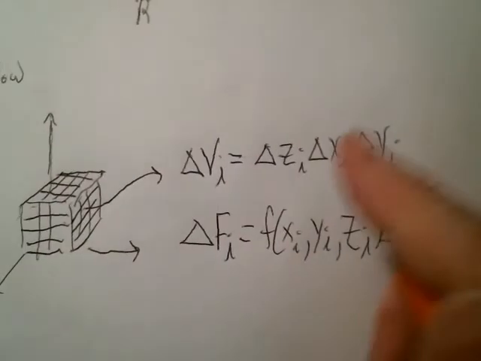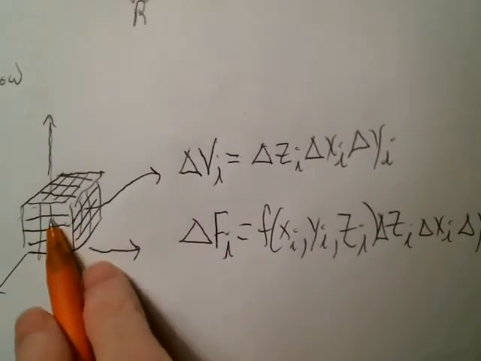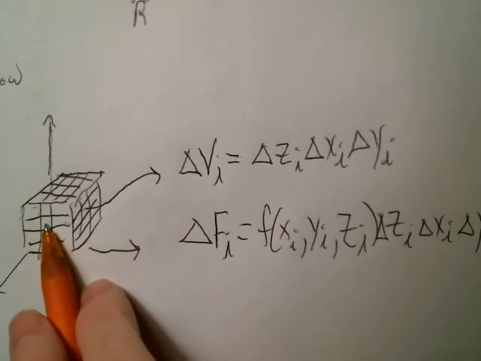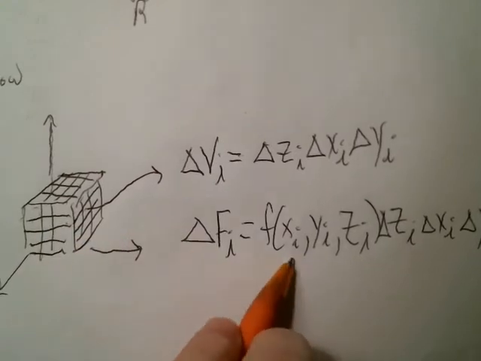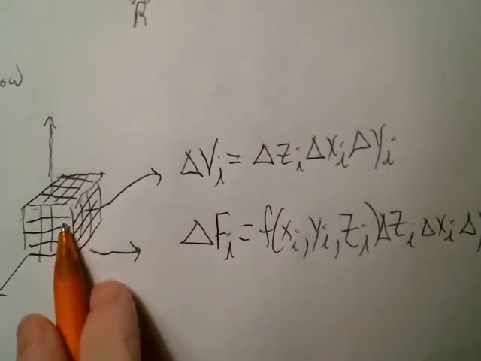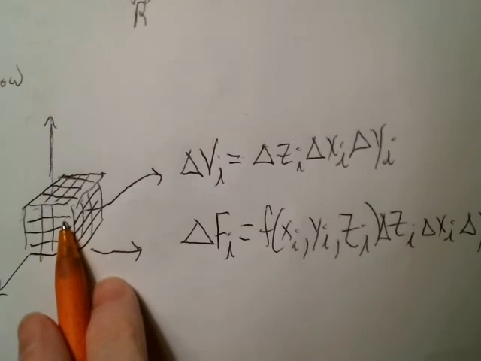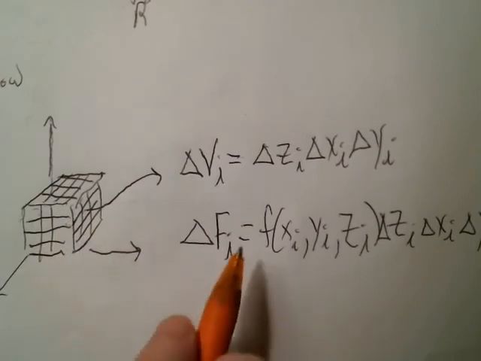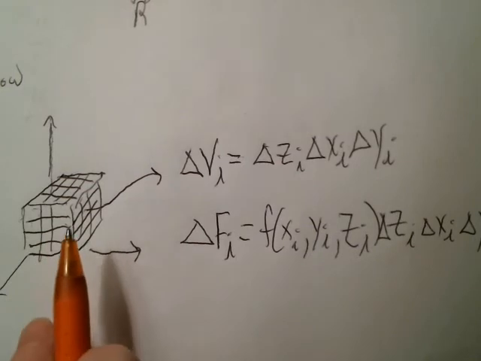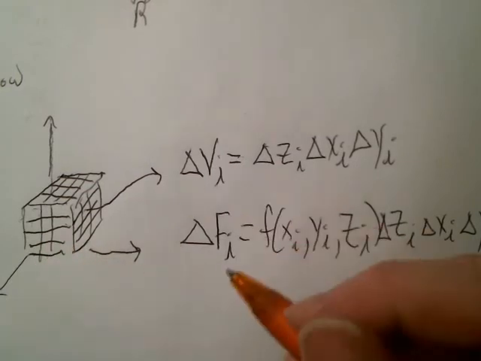So for every little cube, if you're talking about temperature, maybe you could apply a function to the middle of those points, and then evaluate that, and then add through the entire thing.